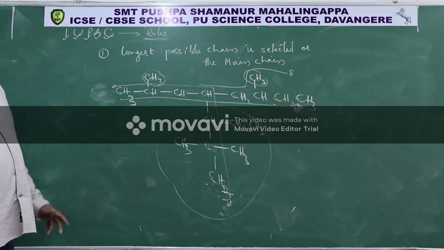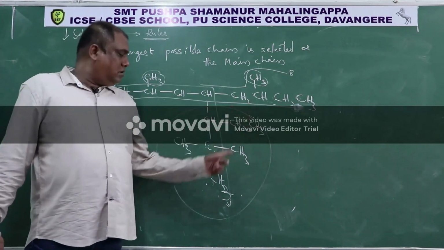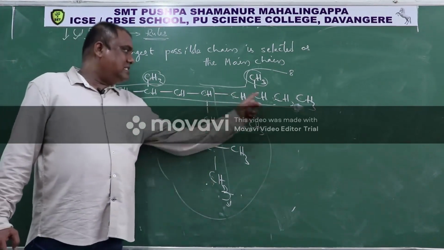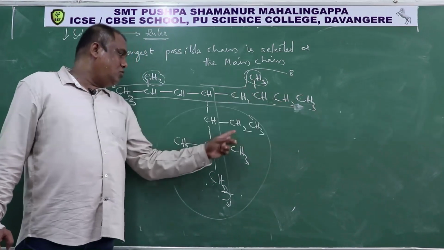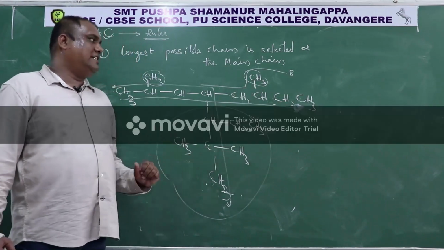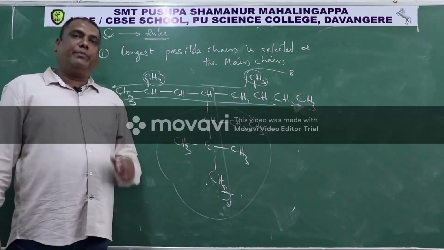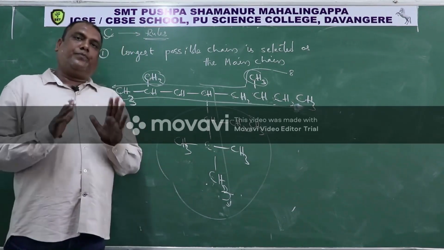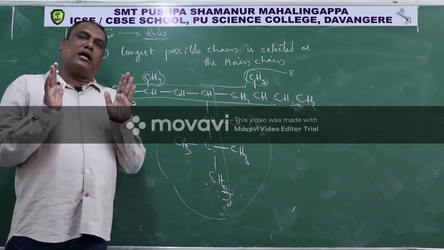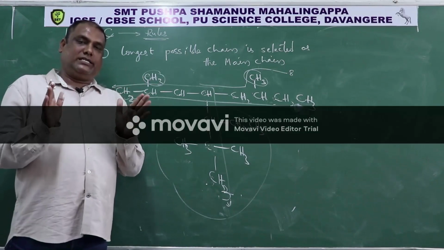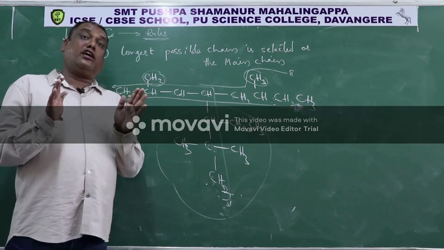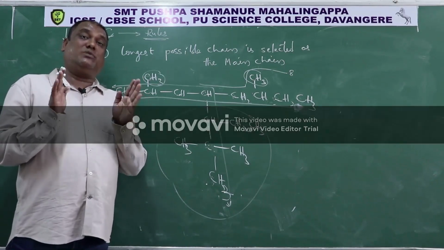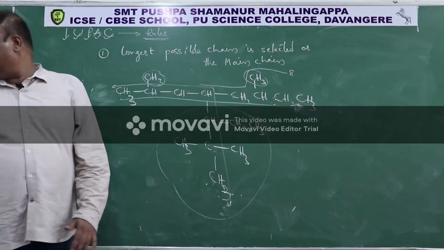Then, if you take this chain as the main chain, 1, 2, 3, 4, there are 4 side chains, and that is the maximum. So it means, when the same number of carbon atoms is present in different chains, then the chain carrying the maximum number of side chains should be selected as the main chain. So that is the rule.